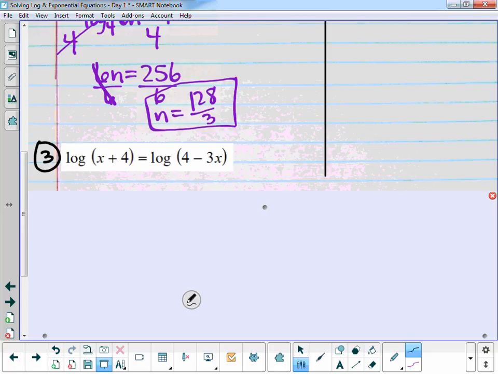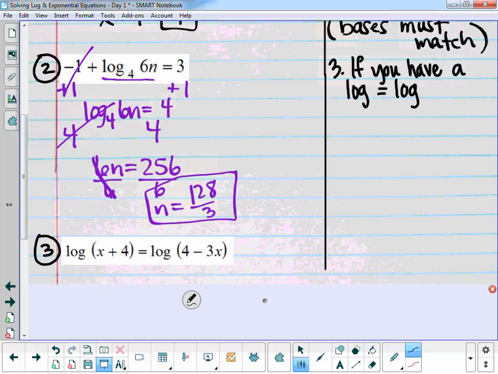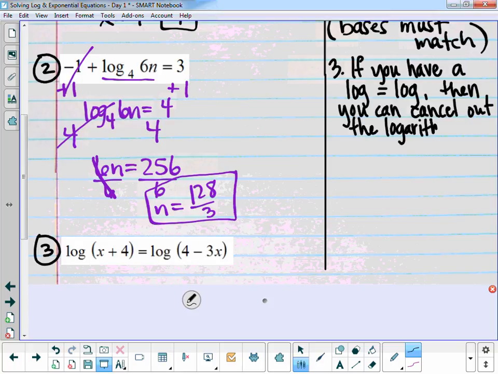So step 3 that I want to add up here is, if you have a log equal to another logarithm, then you can cancel out the logarithms if they have the same base.